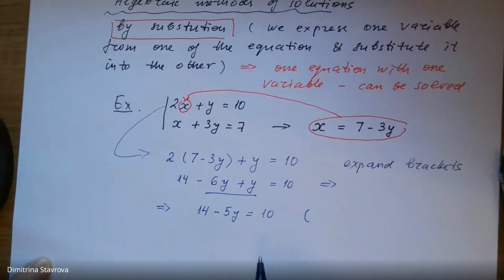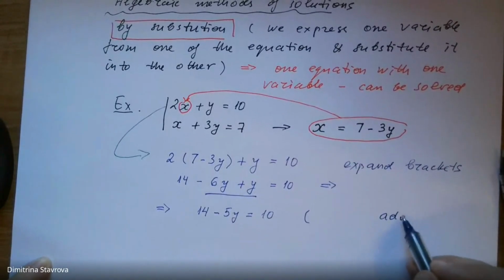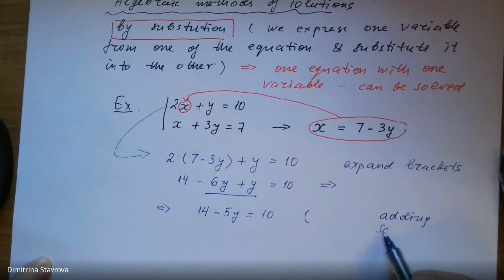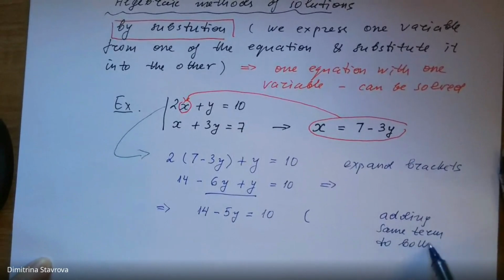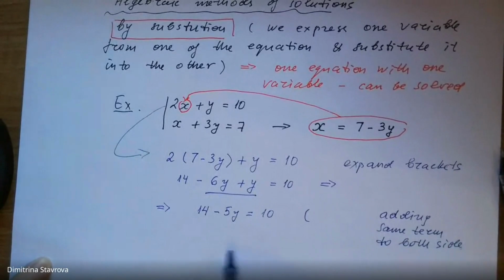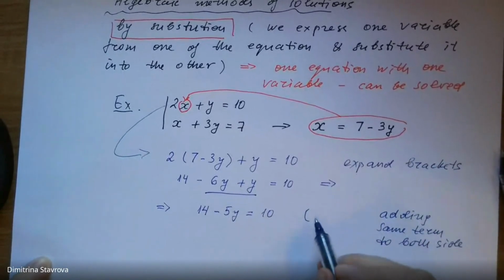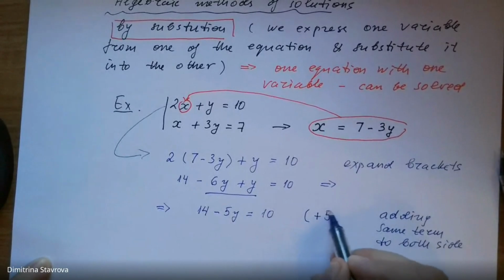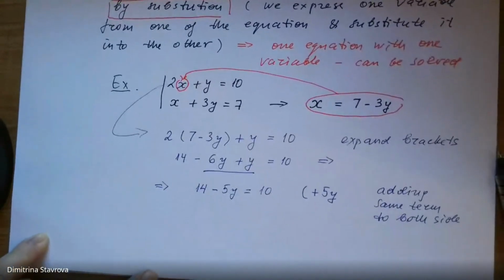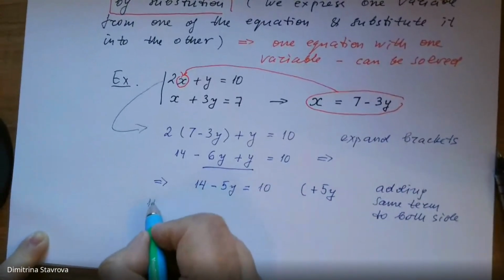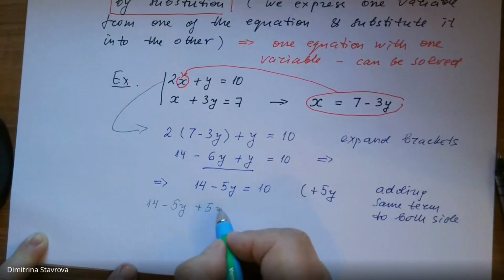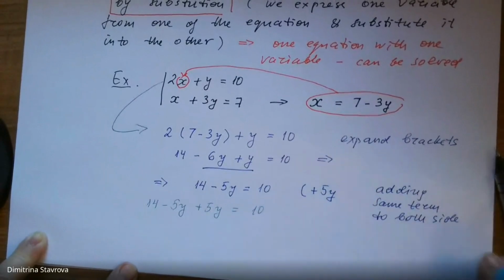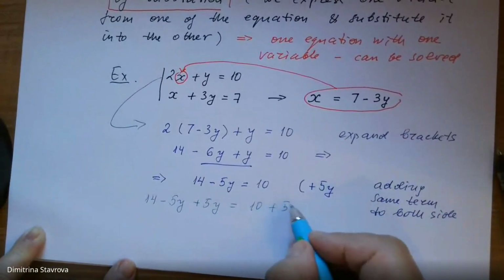We know that adding the same term to both sides of an equation doesn't change the equation. I would add 5y. And as a result, I would get 14 minus 5y plus 5y equals 10 plus 5y.